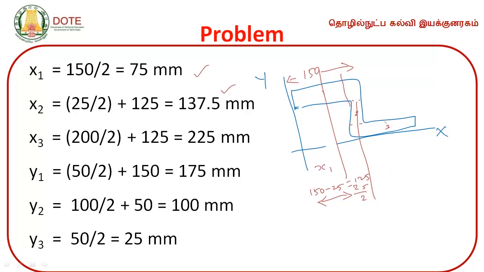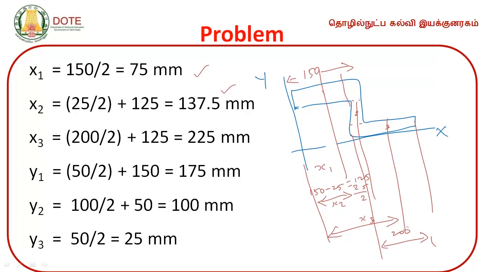Now X3 comes here. This is going to be X3. It is X2 and this is X3. Let us see how much X3 is. The length of this is 200. So how much is this distance? 200 divided by 2 plus the value up to here, which we have already calculated as 150 minus 25, that is 125.